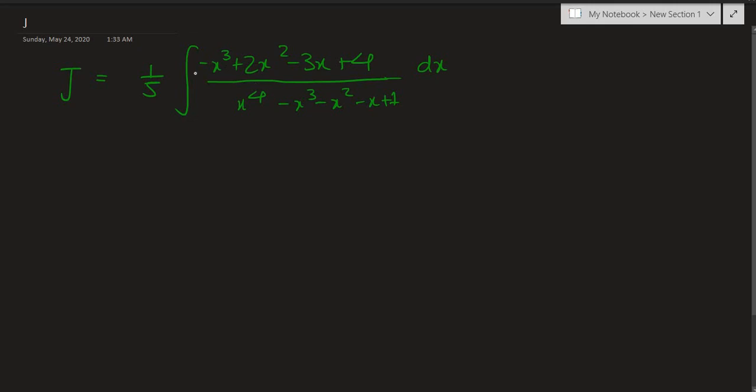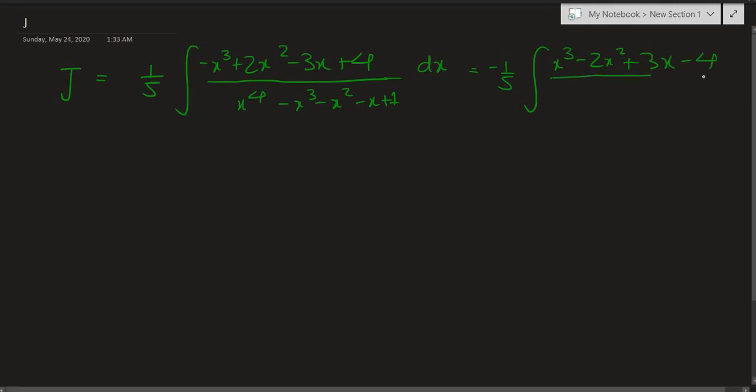I would like to factorize a negative from the entire numerator. So we have negative 1/5 times the integral of x cubed minus 2x squared plus 3x minus 4, divided by x to the power 4 minus x cubed minus x squared minus x plus 1 dx.